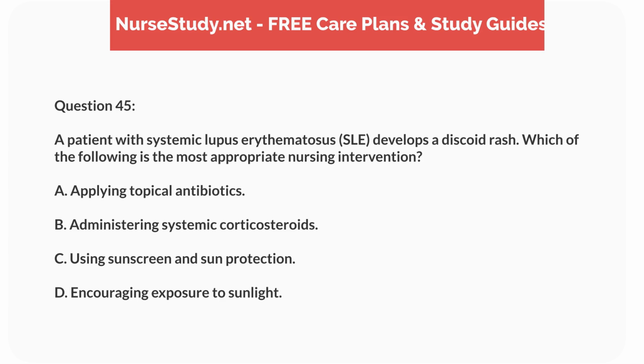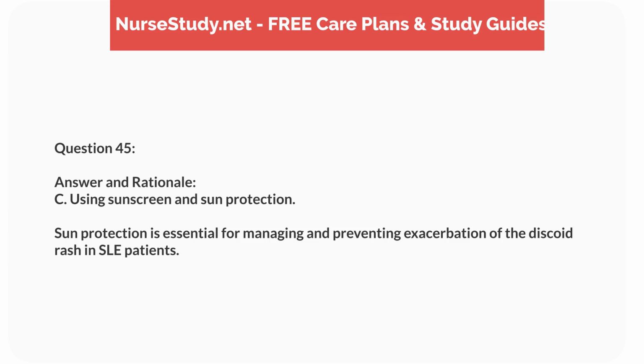C. Using sunscreen and sun protection. D. Encouraging exposure to sunlight. Answer and rationale. C. Using sunscreen and sun protection. Sun protection is essential for managing and preventing exacerbation of the discoid rash in SLE patients.